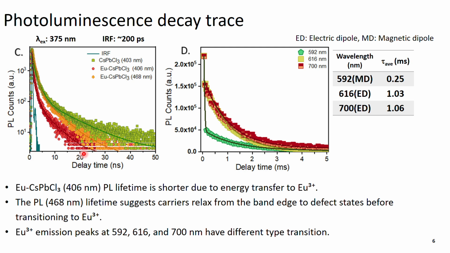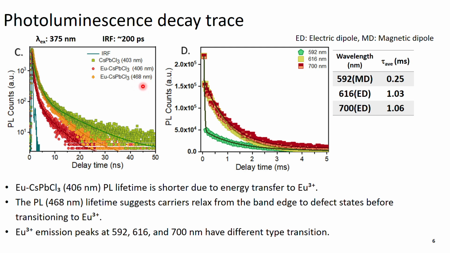Why does it have the shorter lifetime? We suggest it is because of energy transfer with the europium ion. Because we can see this yellow line. This yellow line is the emission peak at 468 nanometers.